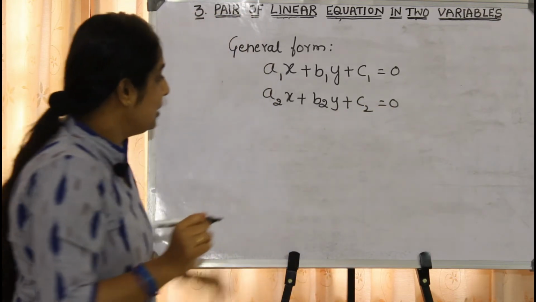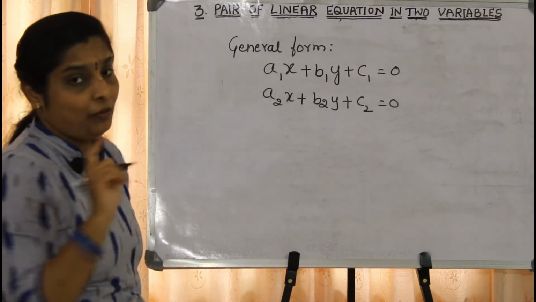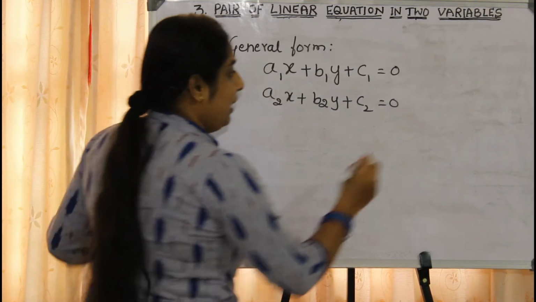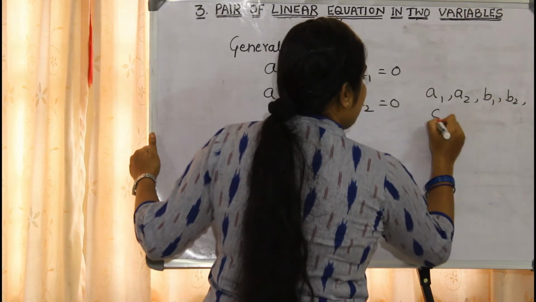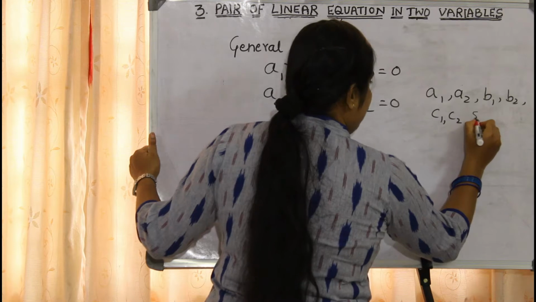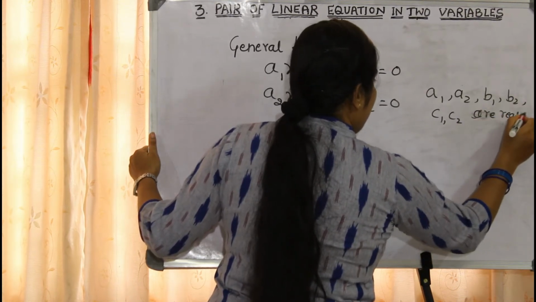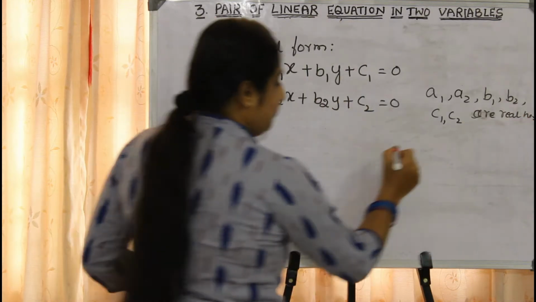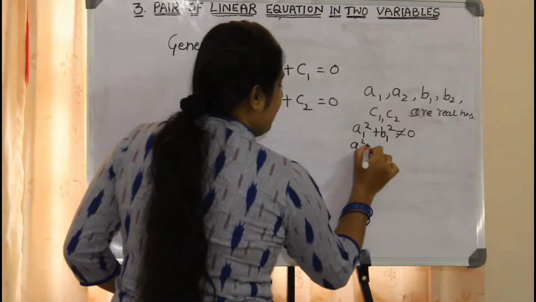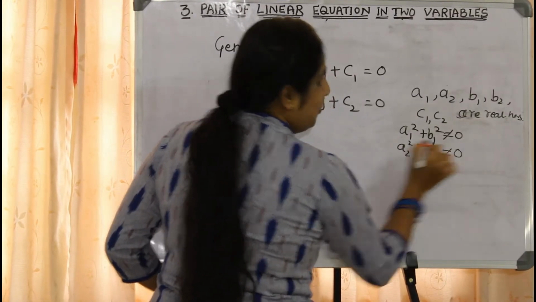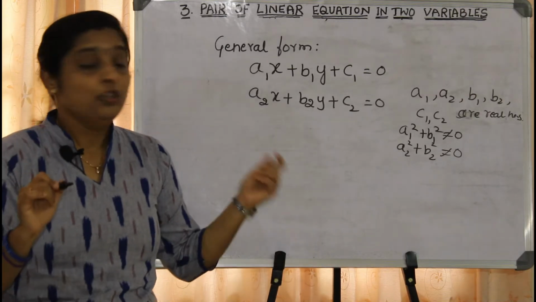I told you, these variables must be the same. That's the only thing you need to take care of. And remember, a1, a2, b1, b2, c1, c2 should be real numbers. And the other condition is a1² + b1² should not be equal to 0, and a2² + b2² should not be equal to 0. This is the general form of a pair of linear equations in two variables.